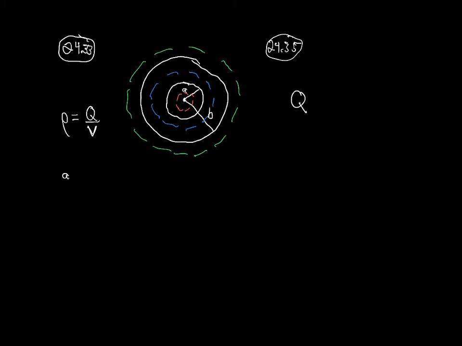So in part A, we want to know what is the electric field on the inside of this. We can use Gauss's law: integral of E dot dA equals Q in over epsilon naught.